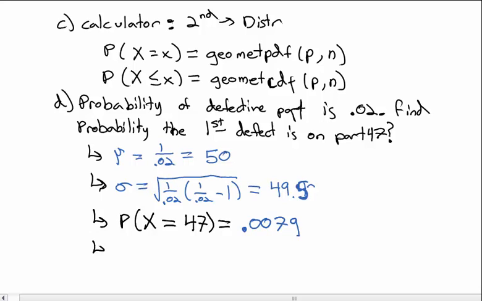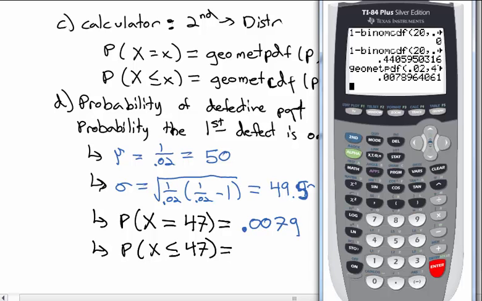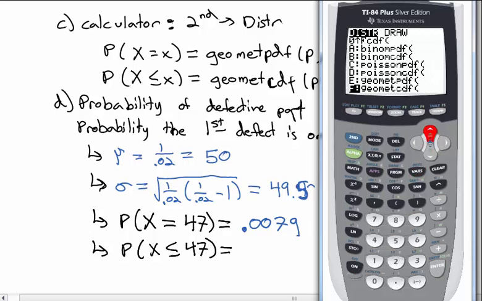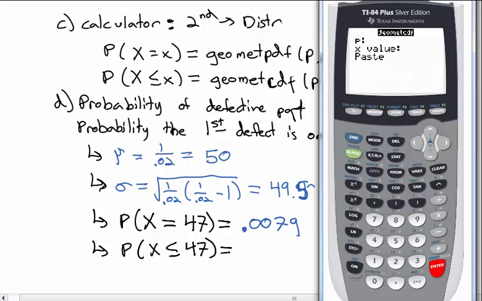What if we tweaked it and said, what is the probability that you can go 47 and you still haven't hit it? What is the probability that x is less than or equal to 47? That's the probability you find a defective part within the first 47 trials. Again, that's a geometric, but this time it's cumulative. Same probability, 0.02. The x value, 47.